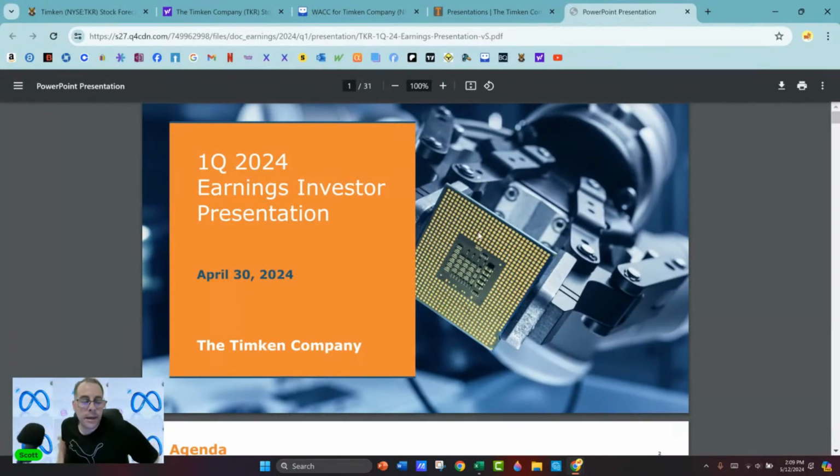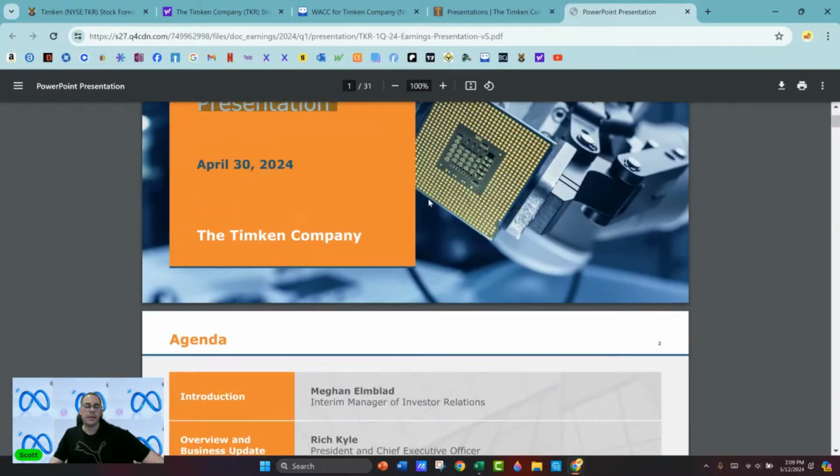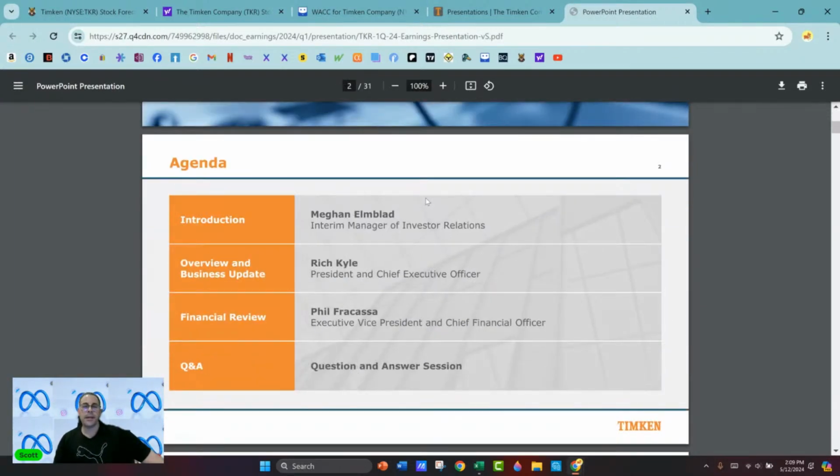So sometimes I like the investor presentation. It's kind of like a user-friendly version of the SEC filings, because a lot of the information is here, but it's just colors, and sometimes it's a little easier to read and they present it nicer.